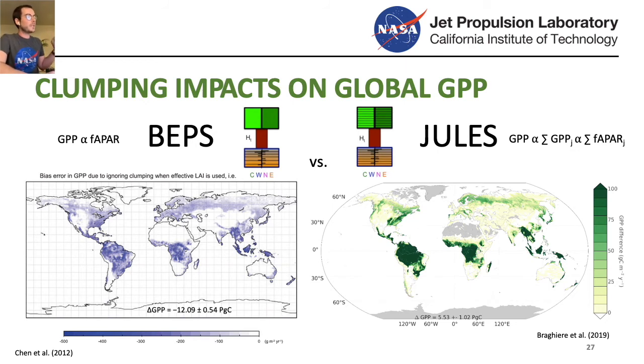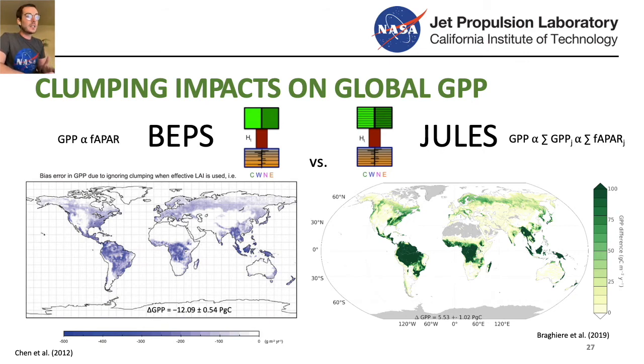This paper was published by Jin Chen in 2012, and it basically shows the difference in GPP for BEPS with clumping and without clumping. And so when Jin added clumping into BEPS, he saw a decrease in total global GPP of 12 petagrams of carbon. Now, I performed this exercise 7 years later, but now with JULES, right? And Jin is also a co-author in this paper. And we see the exact opposite behavior.